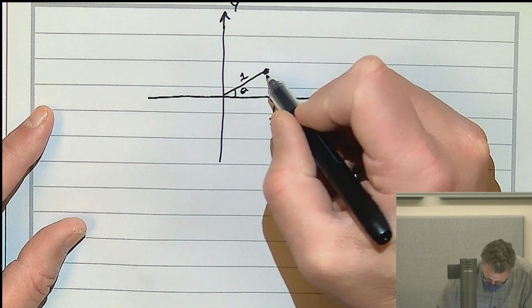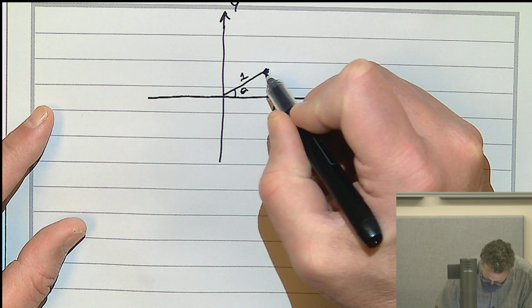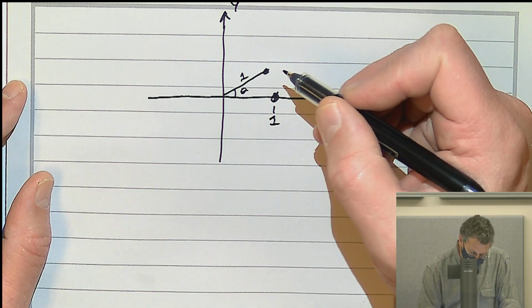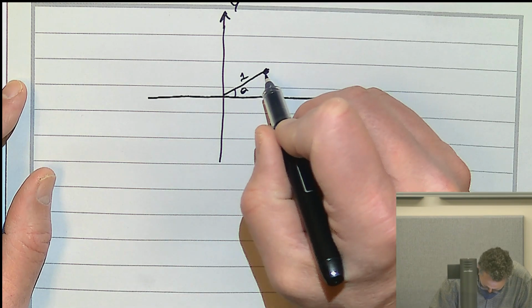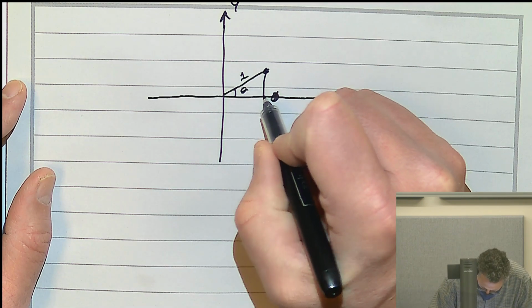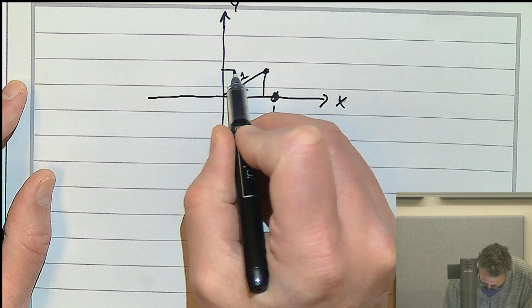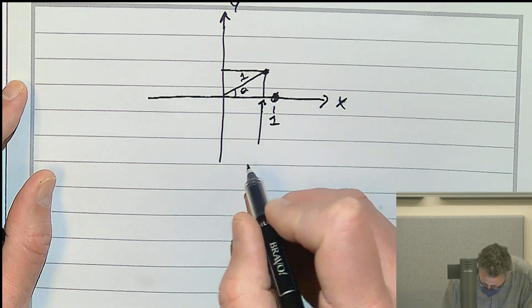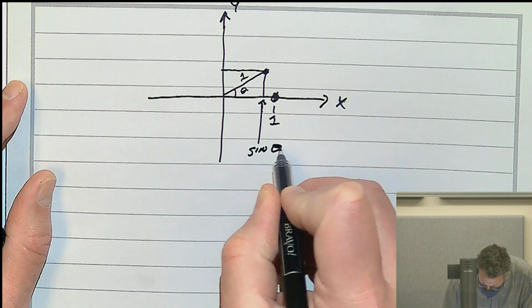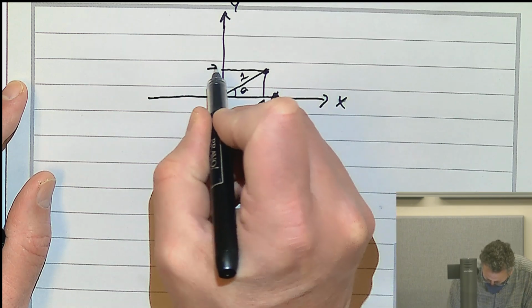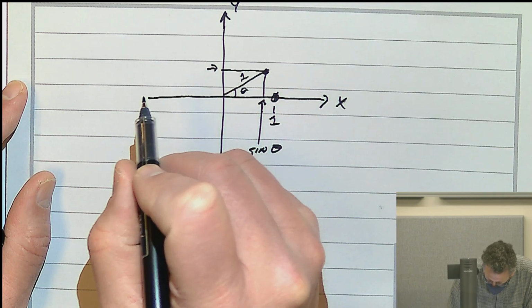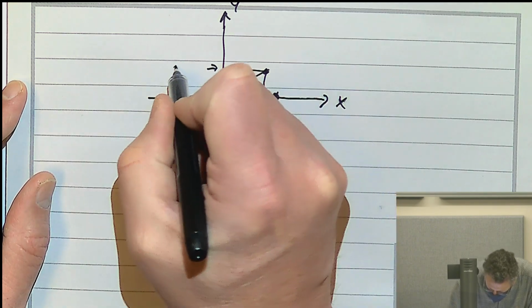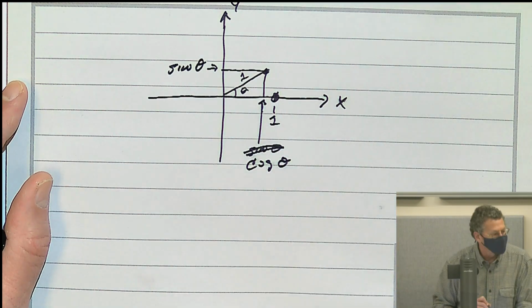I can draw a line like this, and a line like that, and this is cosine theta, and this is sine theta.